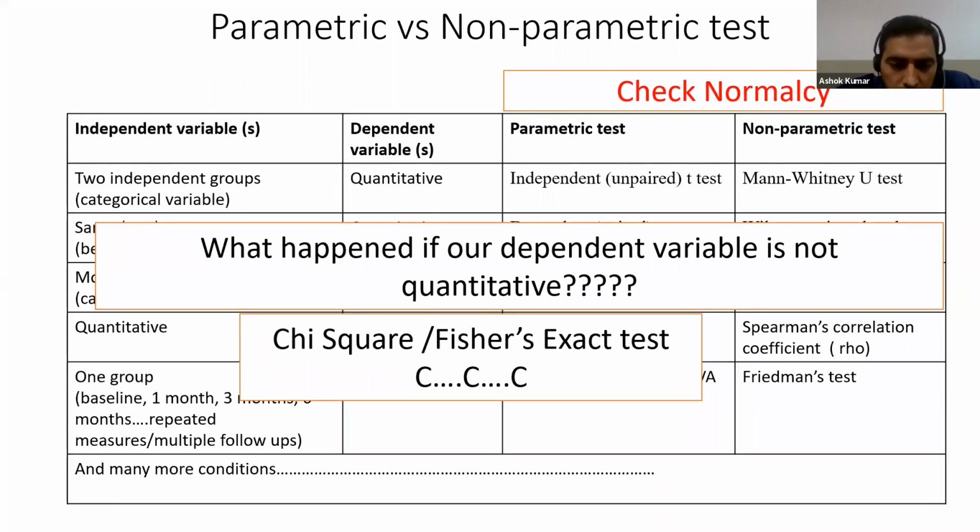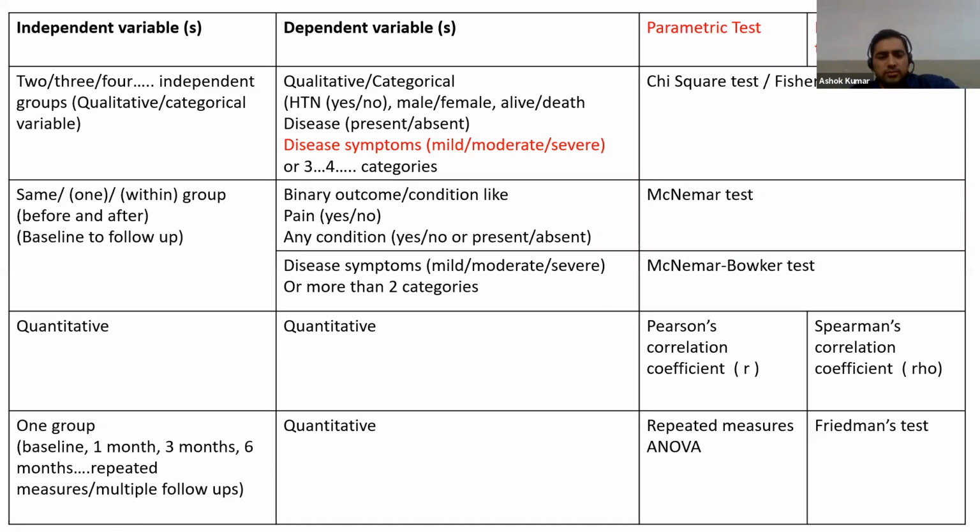So remember the triple C: independent variable categorical, dependent variable categorical, so we use the chi-square test. Categorical, chi-square. There are some other conditions, and today we will discuss all these things.